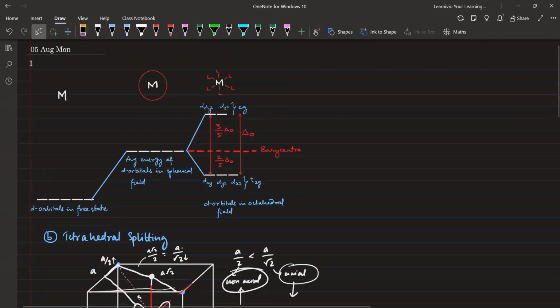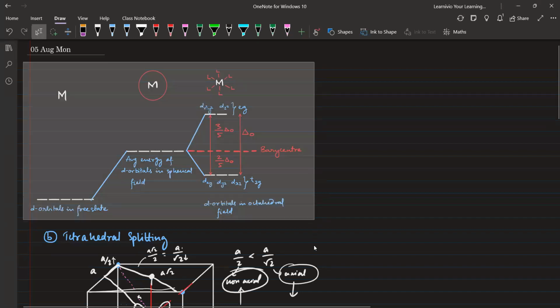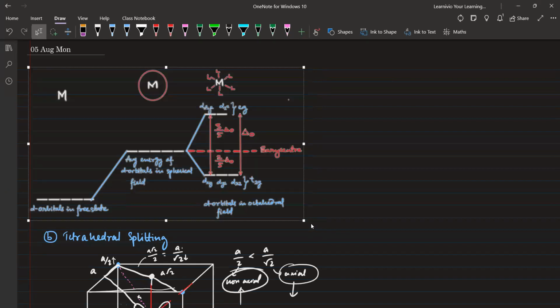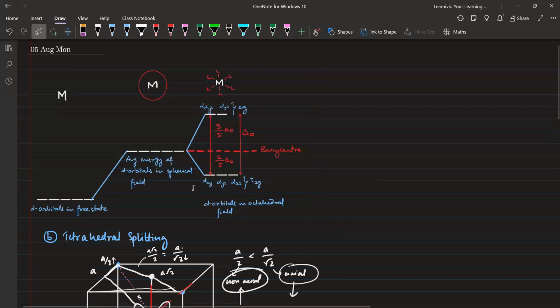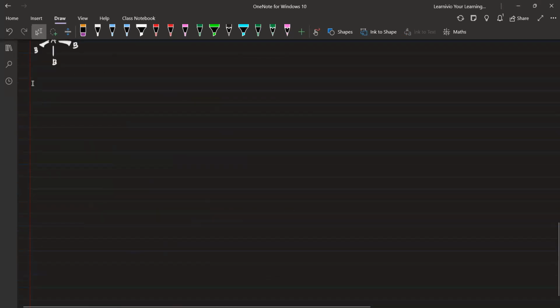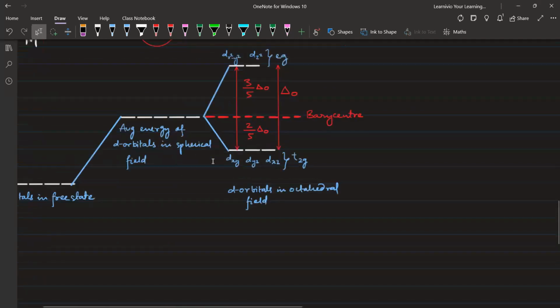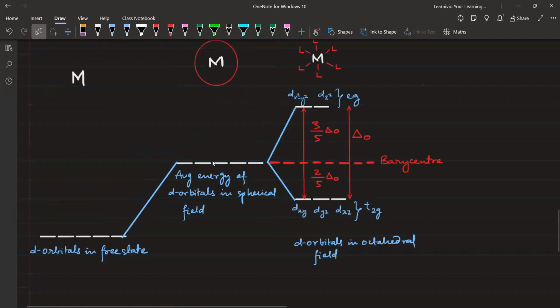This was from octahedral, इसी को थोड़ा सा हम चेंज कर देंगे. So basically, this part is going to get tilted.